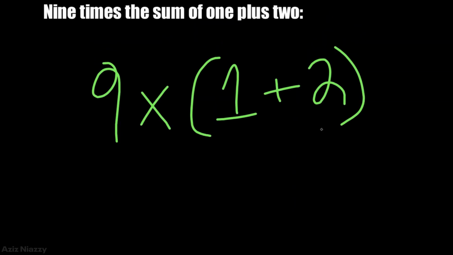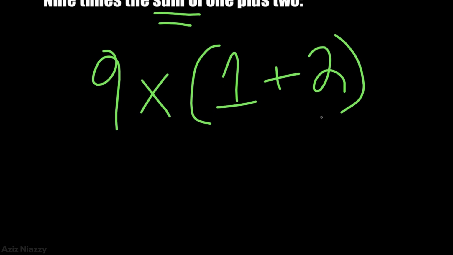Well, it's because here it says the sum of, and when it says that, that indicates that you have to do the addition before you do anything else. So we put parentheses around 1 plus 2, which indicates that you have to do 1 plus 2 first, and then multiply it by 9.